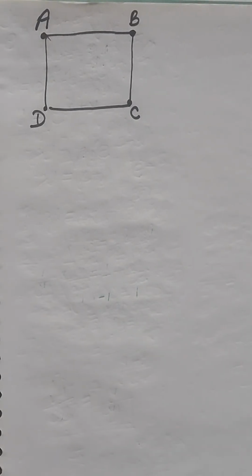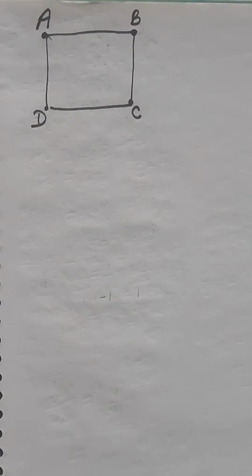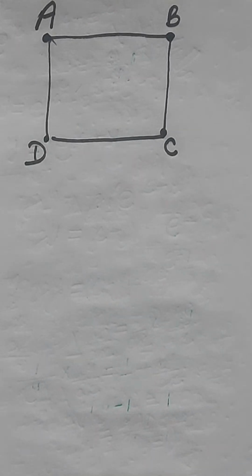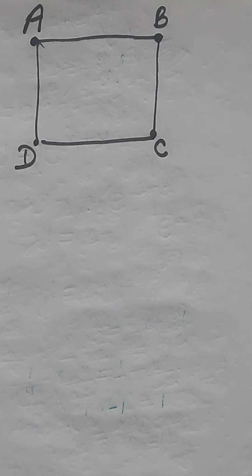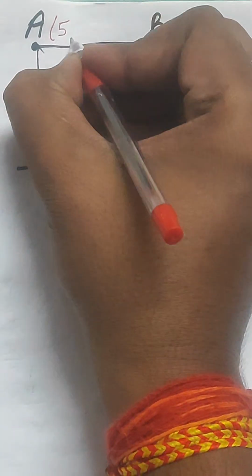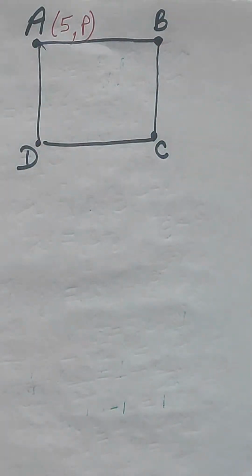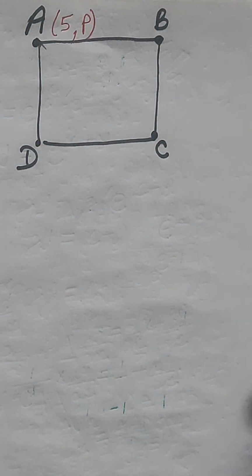Now we need to find the value of one of the coordinates of this vertex, right? So the vertices as given to you are, for A, it's given (5, P). So 5 and P are the coordinates of A, right?